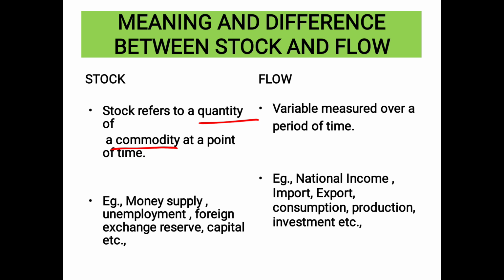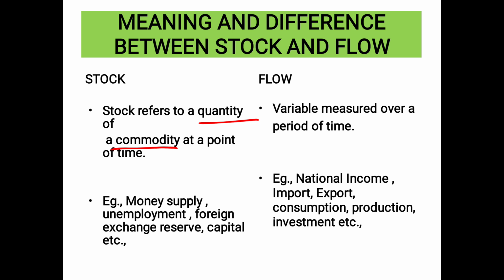So always a firm or an industry must have a stock of goods. When a demand rises in the market, the goods have to be brought into the market. So stock refers to the quantity of a commodity at a point of time.